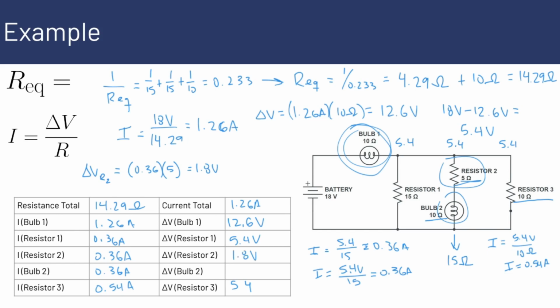Okay. Then for the voltage drop across bulb 2, it's going to be the same current because the current in a series circuit is the same everywhere, times 10 ohms. That's going to give us a voltage of 3.6 volts.